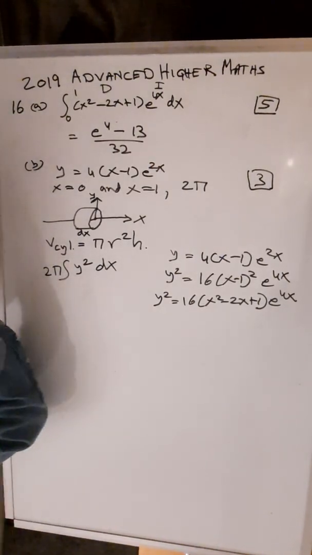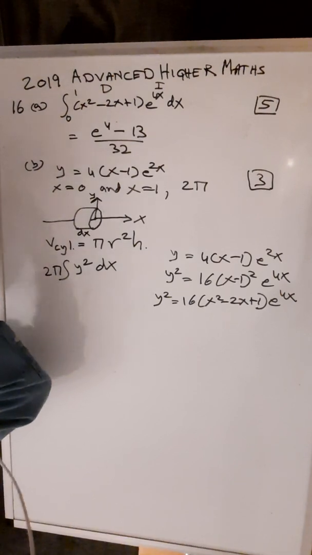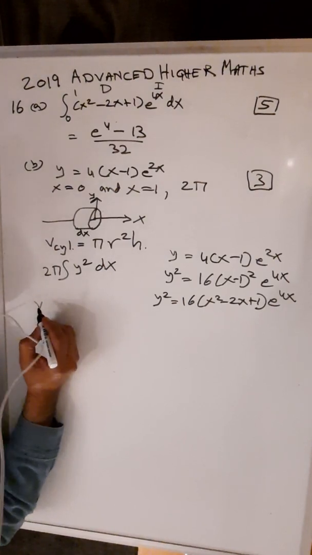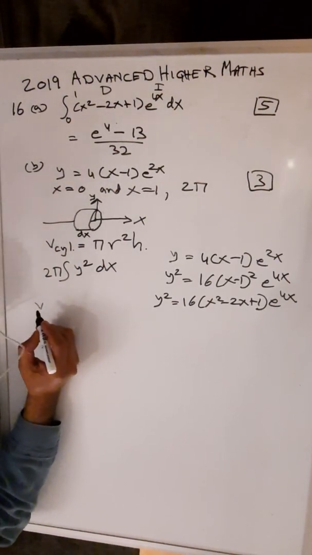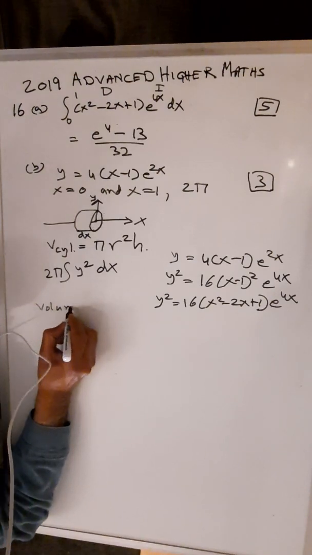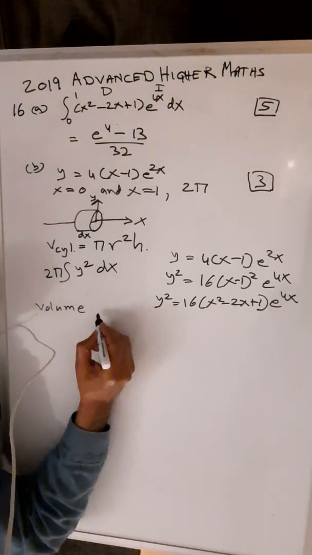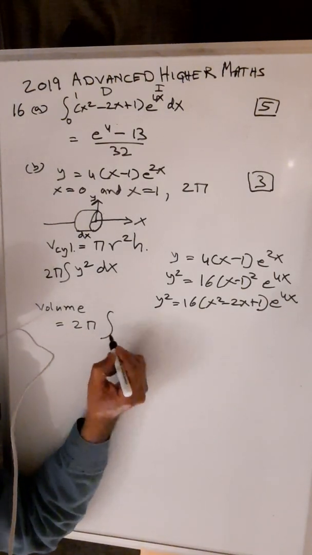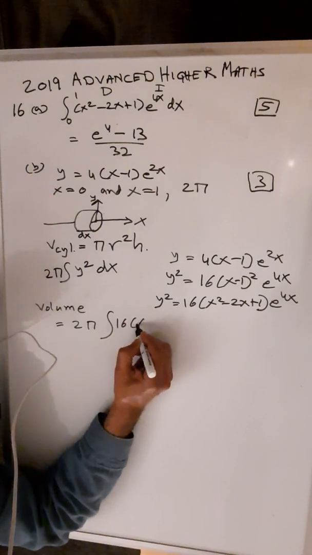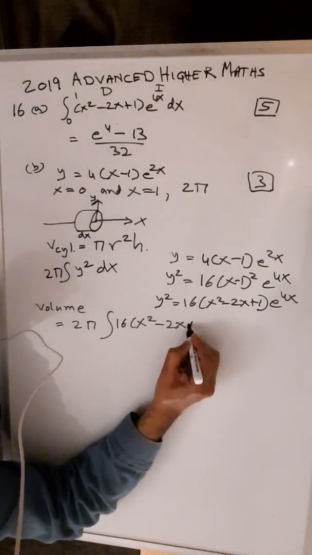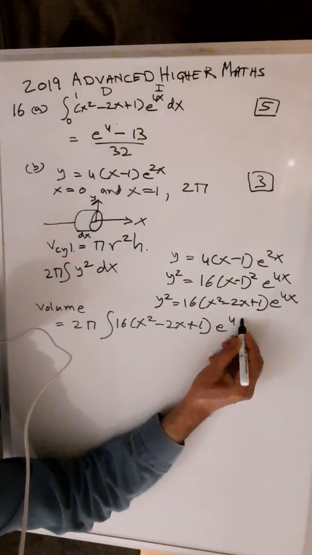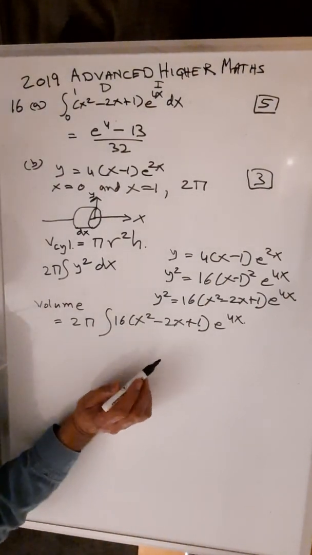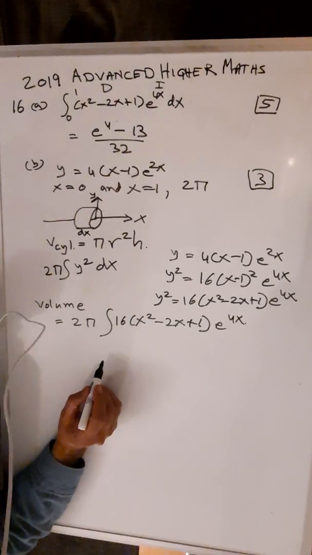So that means that the volume is equal to pi, integral of 16 times x squared minus 2x plus 1, e to the 4x. You already know what that is.